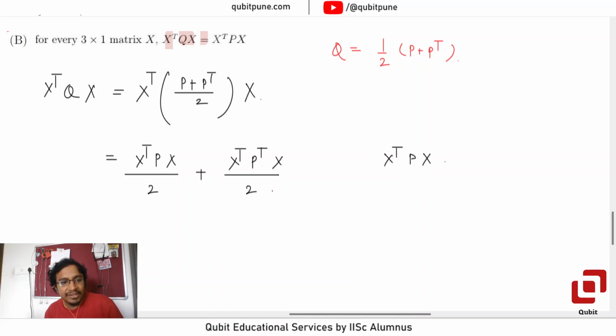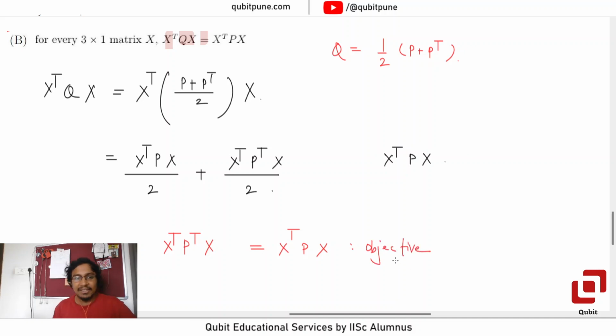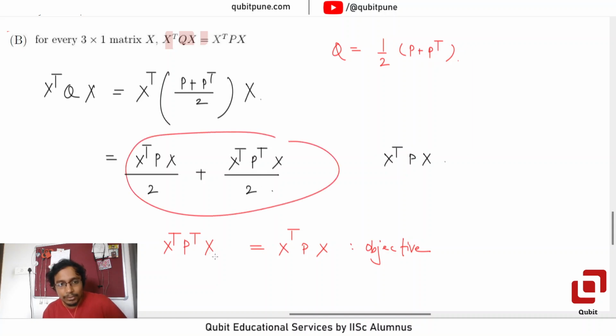So if we set our objective as X transposed P transposed X equals X transposed PX, then if we get it, B will be right, otherwise it will not be. Now, two questions arise. First, how can we shift from this part to this?